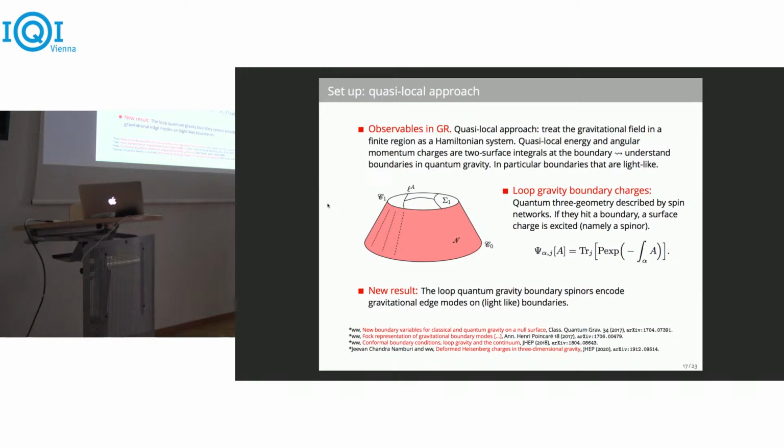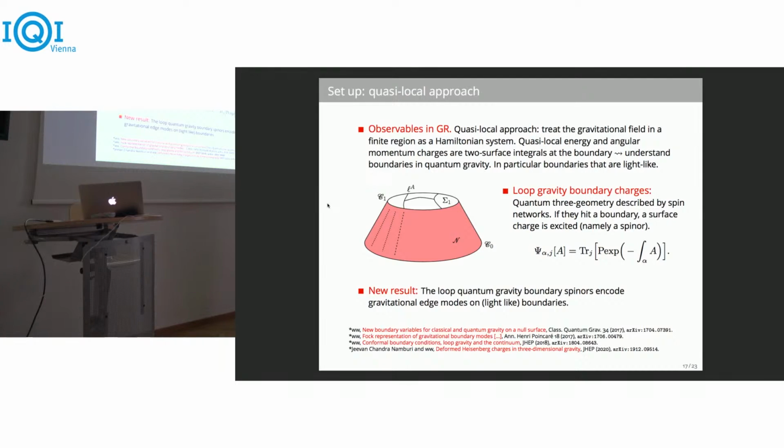And what happens in this loop gravity picture is that you start out with a quantum state that consists of these superpositions of Wilson lines. But if you introduce a boundary, what happens is that you break these Wilson lines apart.